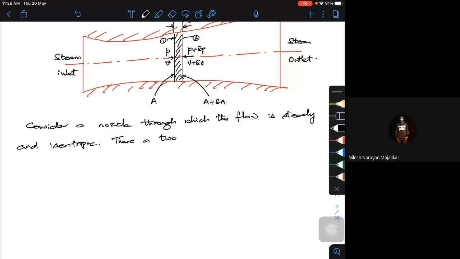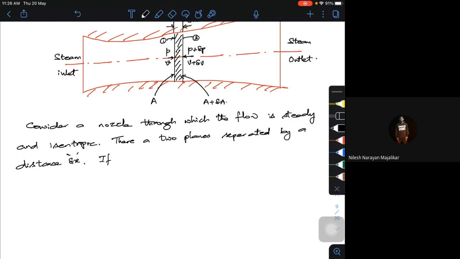Those are two planes separated by a distance delta x, with the properties shown here. So the nozzle is completely running full of steam, and the velocity is uniform across any cross section.